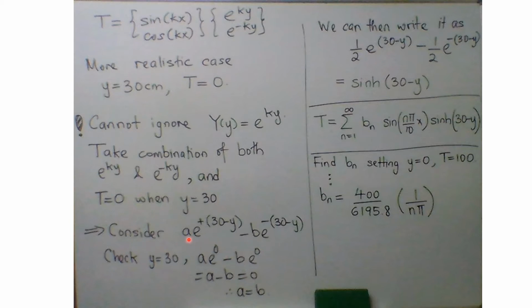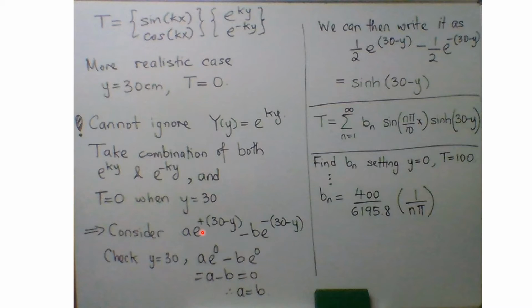Here I leave out A and B, and we will see how to guess what A and B are. Instead of exponential ky, I have written exponential of (30 minus y), and here you have exponential of minus (30 minus y).